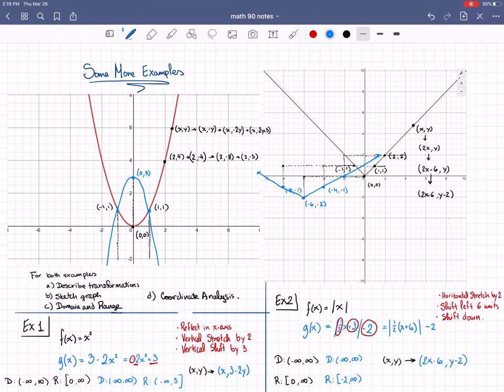So what we see here is that when you have both a horizontal stretch and a shift horizontally, it matters which you do first. So for our purposes, we are going to take as our golden rule of thumb that we do the horizontal stretch first, and that impacts the amount by which we shift horizontally.